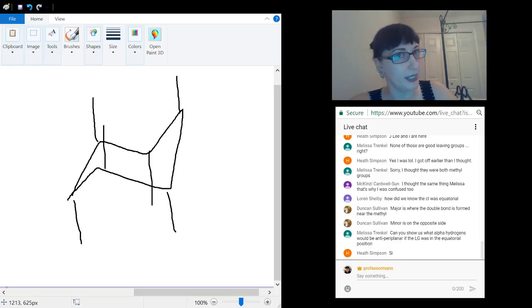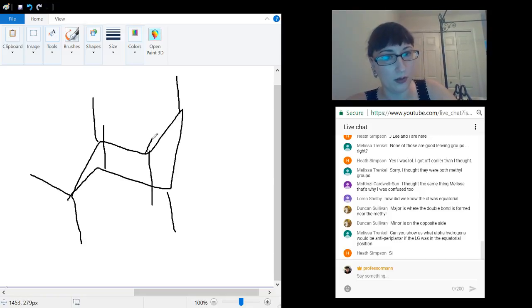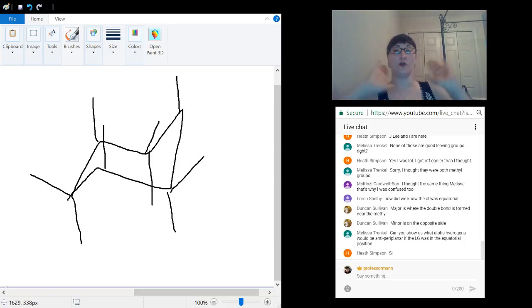On the ones that are pointing down, there are also groups pointing up, and those are considered equatorial because they go around the equator of the cyclohexane rather than straight up or straight down.